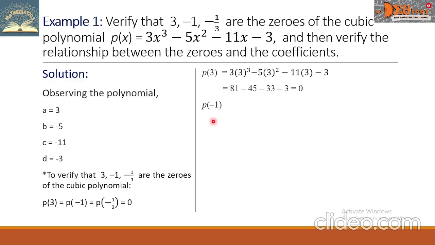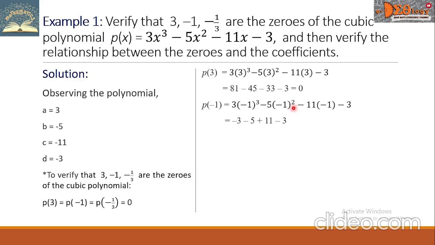Let's proceed to p of -1. Evaluating this, we have 3 times the cube of -1 minus 5 times the square of -1 minus 11 times -1, then minus 3. Simplifying further, the cube of -1 is -1 times 3 is -3.